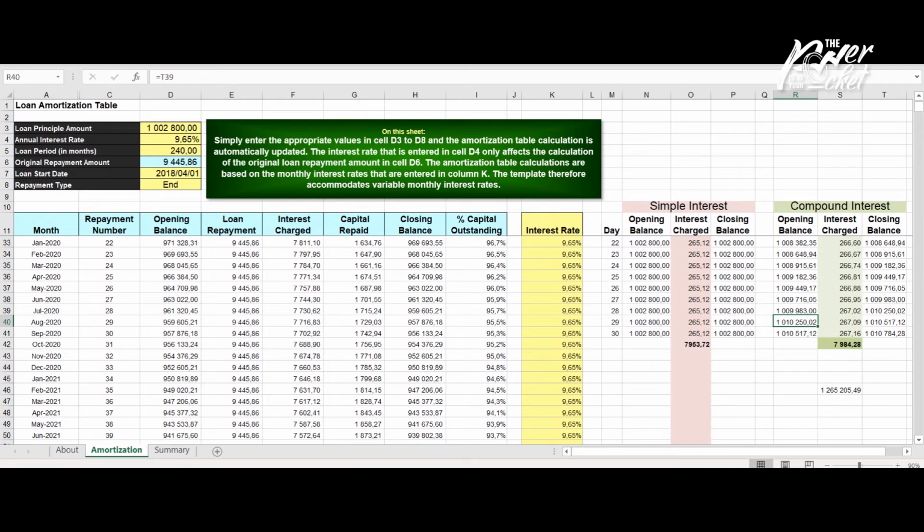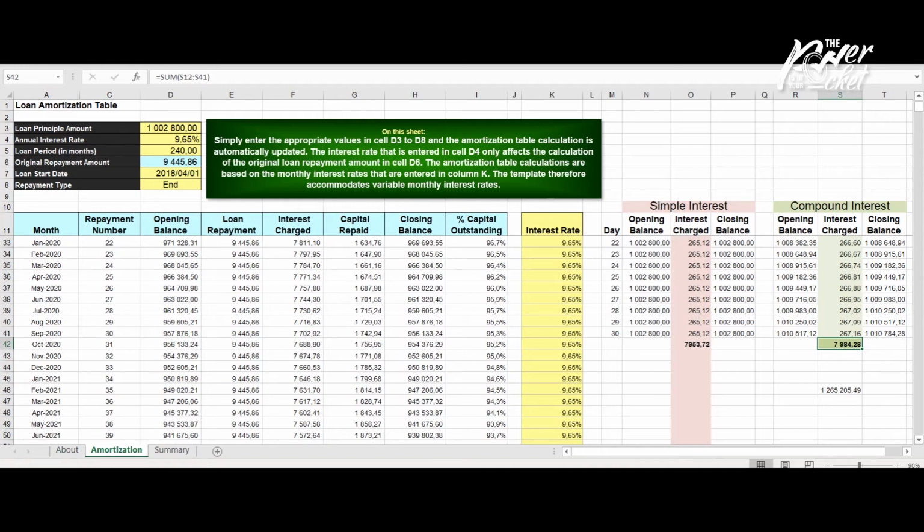So what I wanted to show you, and I said please focus on the principle, is that the simple interest charged is lower than the compound interest charged. So it is important for you to know that the real world uses compound interest.